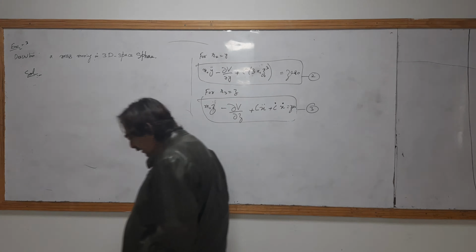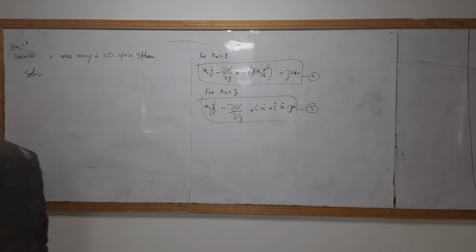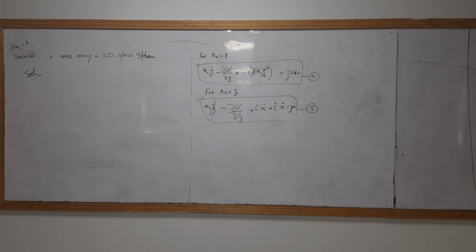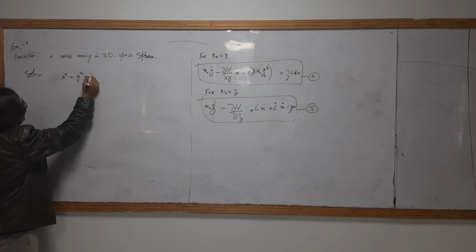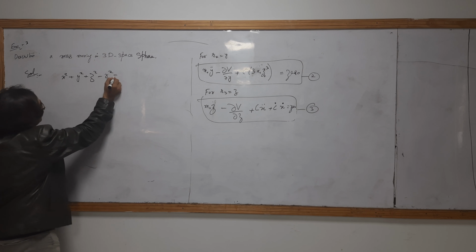Then what will be the constraint? It will be x square plus y square plus z square minus r square equal to 0.